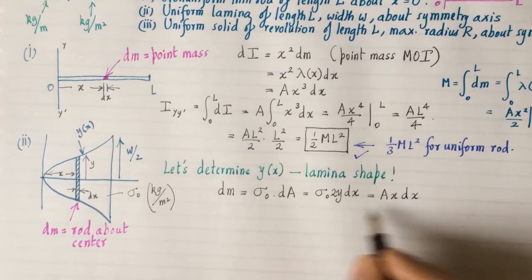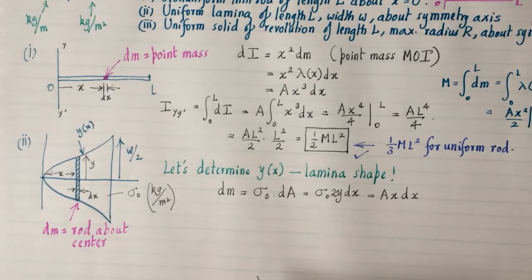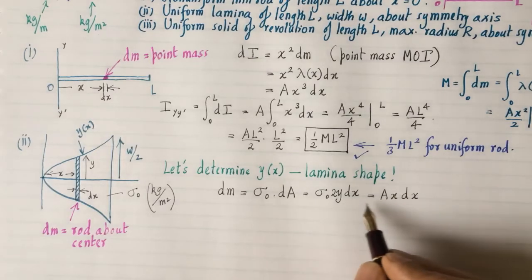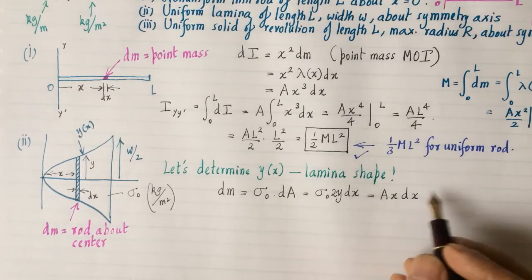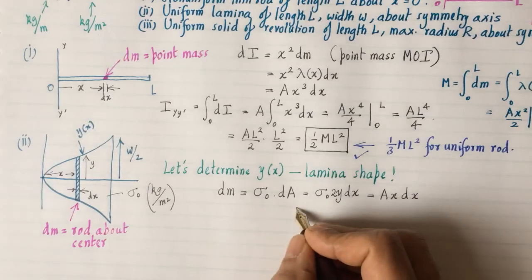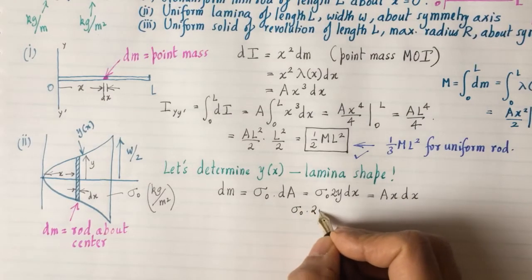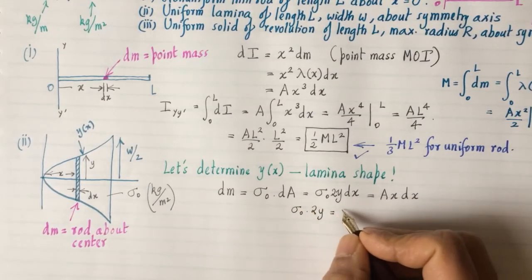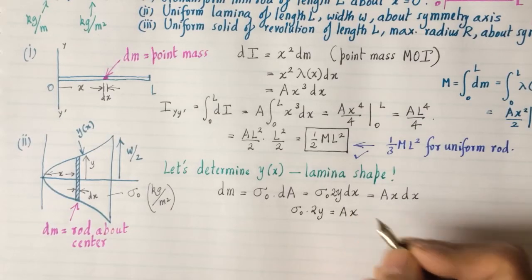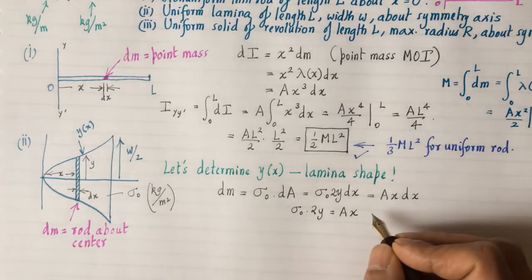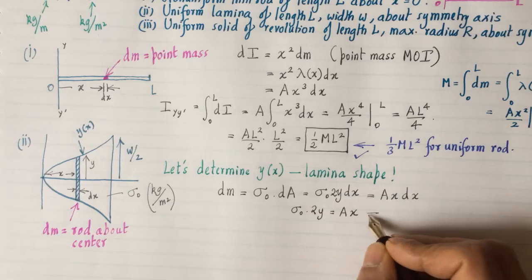If I equate these two things, then I can immediately solve for the value of y. So I cancel out the dx from both sides. I'm going to get sigma naught times 2y equals a times x.